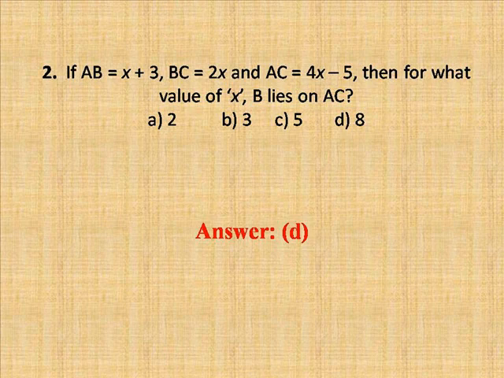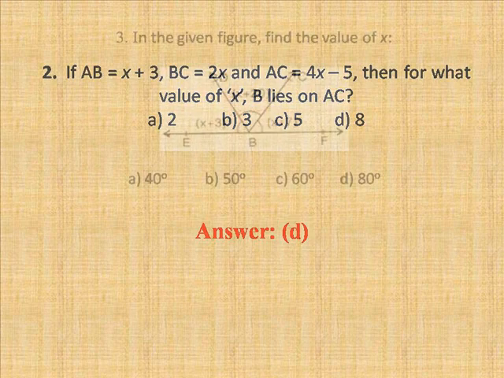Why? Because B lies on AC, therefore AB plus BC is AC. So x plus 3 plus 2x equals 4x minus 5. So 3x plus 3 equals 4x minus 5. So by solving, you will get x equals 8. So option D, 8, is your answer.